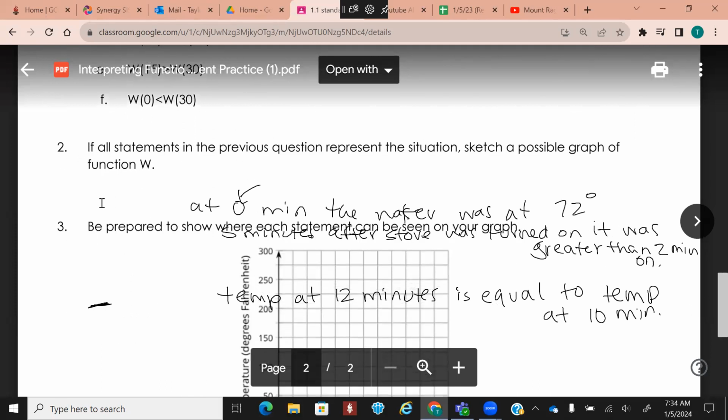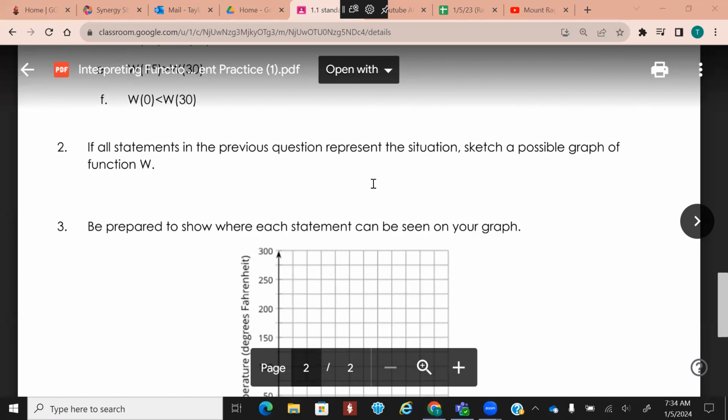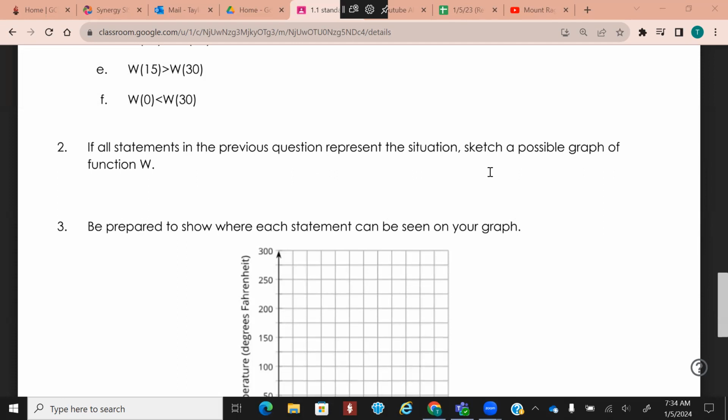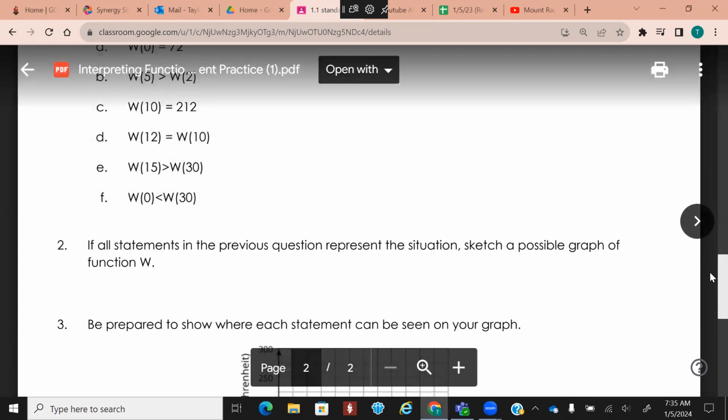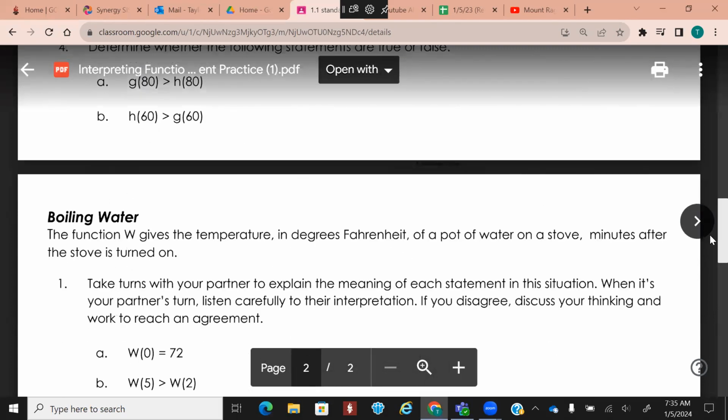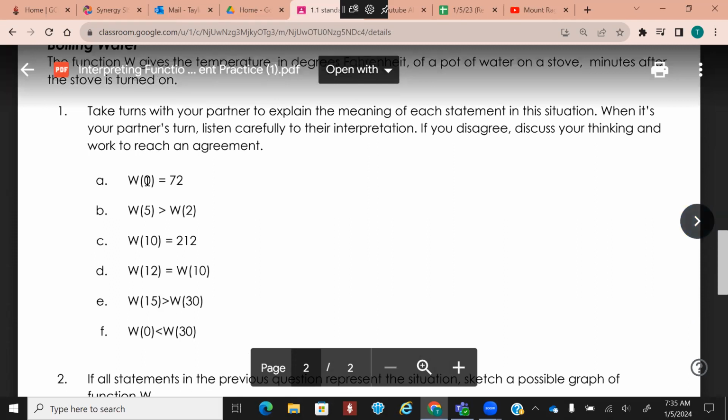If all the statements in the previous question represent the situation, sketch a possible graph of the function. Be prepared to show where each statement can be seen on your graph. This one's a little tricky, but remember this is our X, what's inside the parentheses, and this is our Y. So you would plot a point at 0, 72.